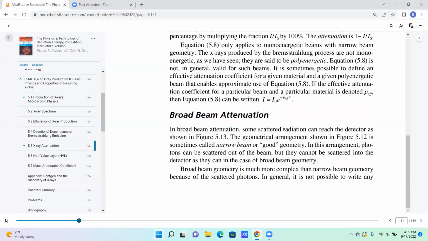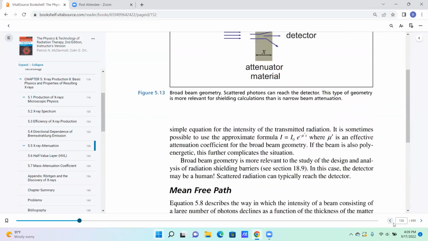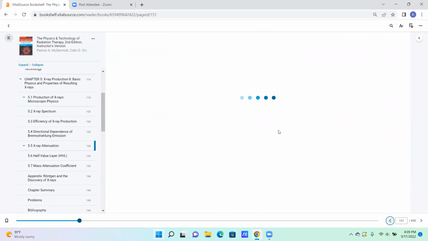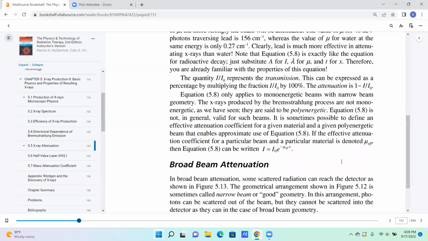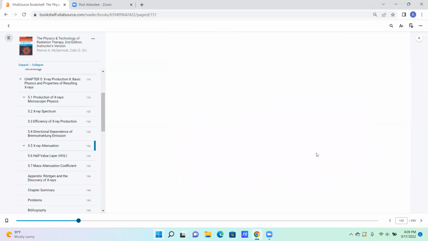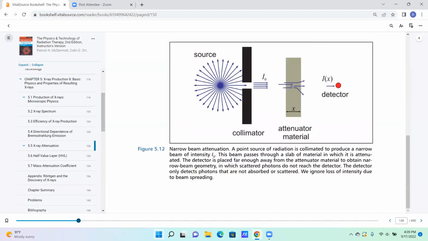In broad beam attenuation, some scattered radiation can reach the detector. The geometrical arrangement shown in figure 5.12, which is here. This is our geometrical arrangement.